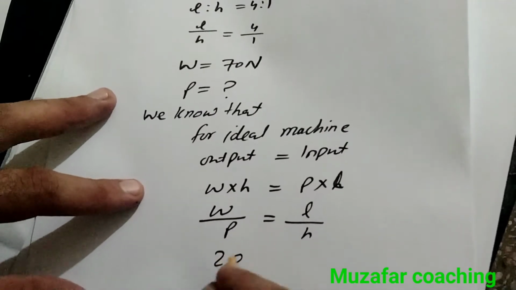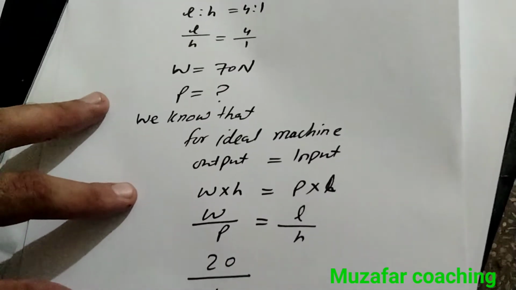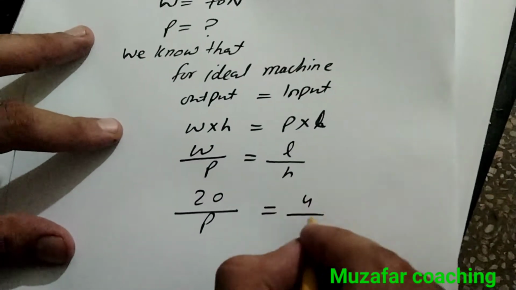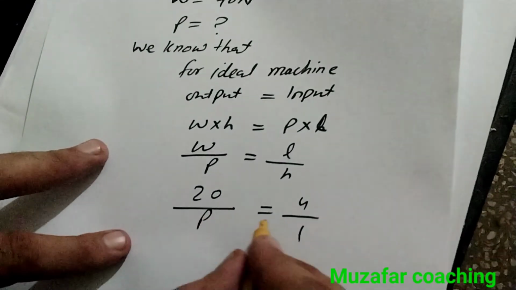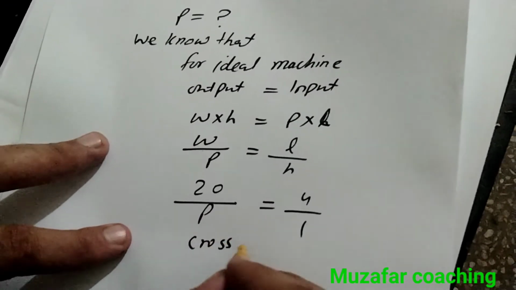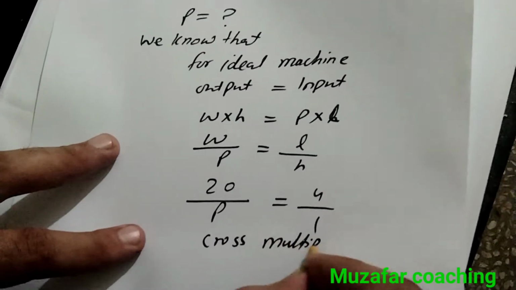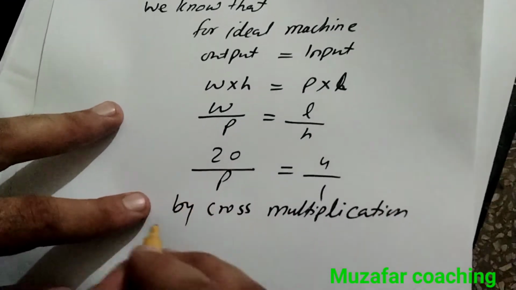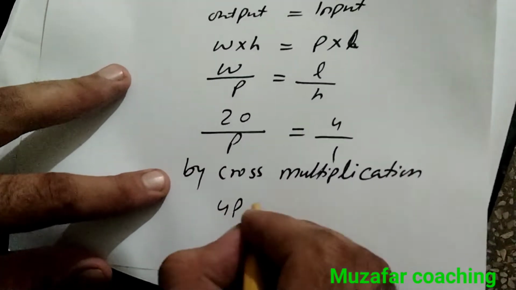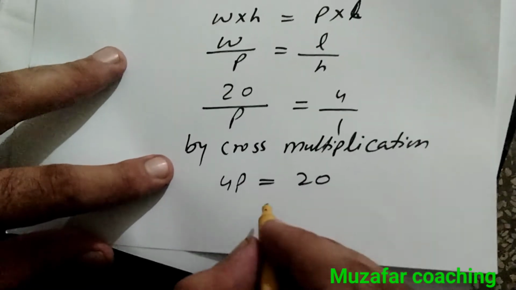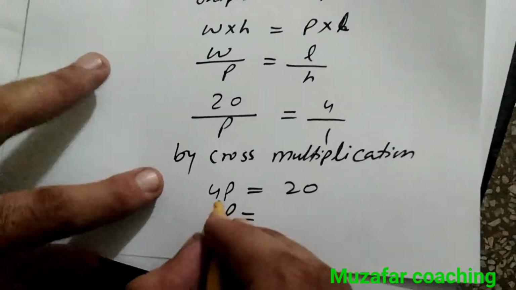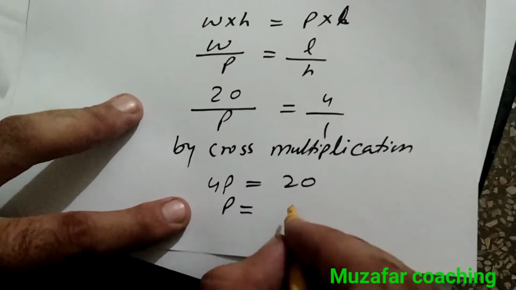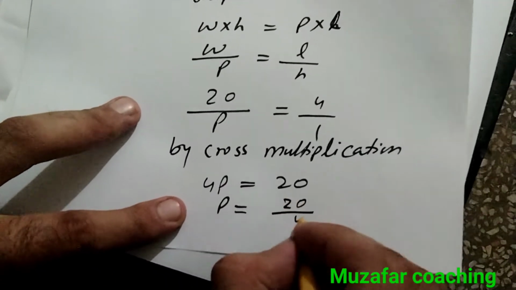What is W? It is 20. And we have to find the value of P. After putting the values, we cross multiply. By cross multiplication, 4P is equal to 20, and since 4 is multiplying here, when we take it to the right side, it will divide.